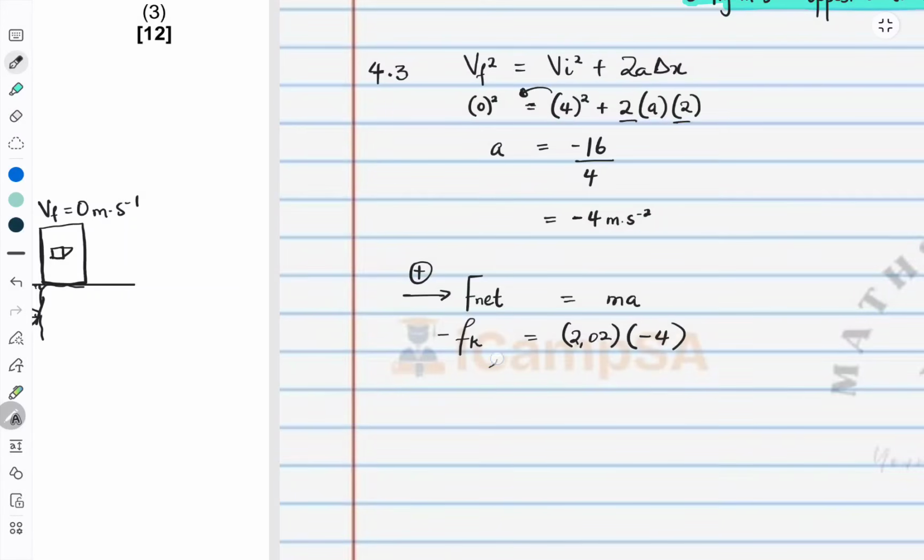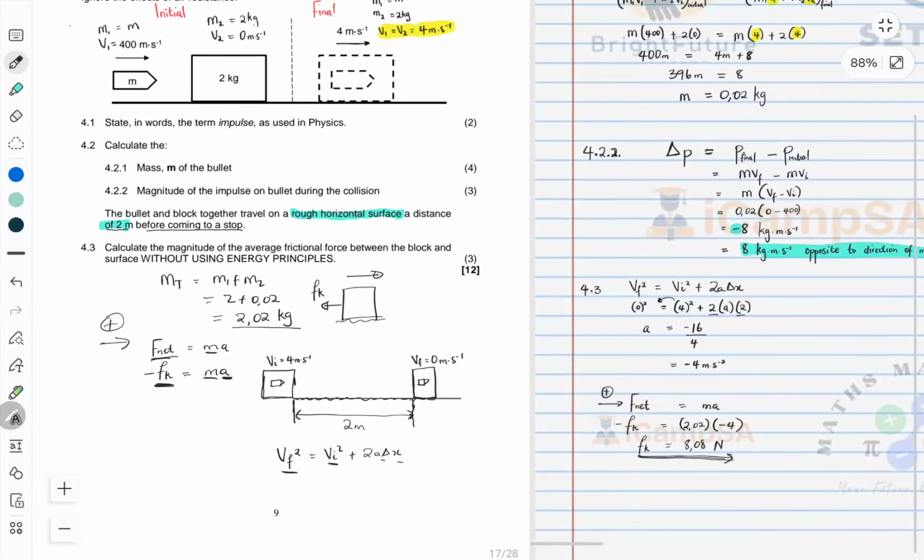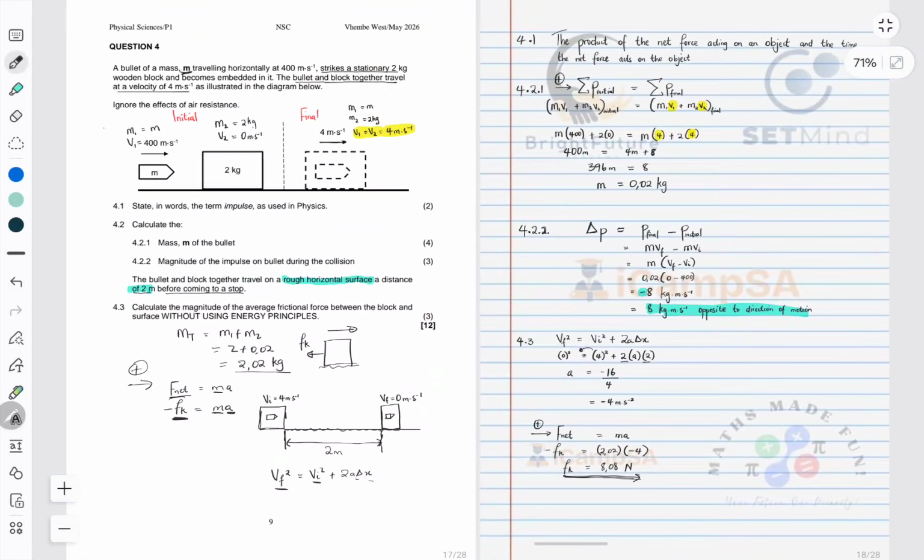And then Fk, I multiply both sides by negative. I get 8.08, I think. 8.08 newtons. That's my frictional force. Okay, this is how you would answer a question like this one.